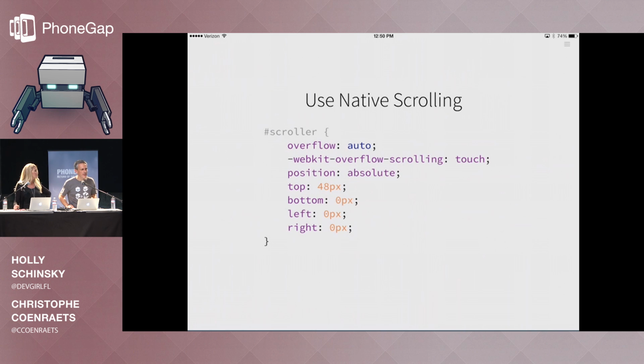Back to some little things that you need to be aware of, and that really depends on the platform. Don't give up the fact that your application is not native by offering laggy scrolling to your users.